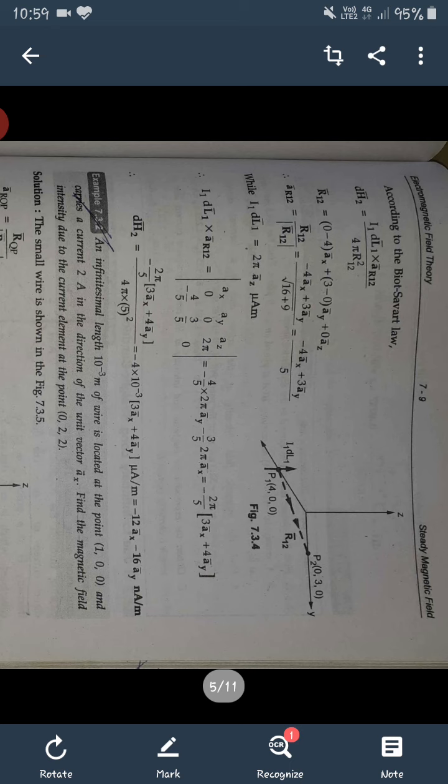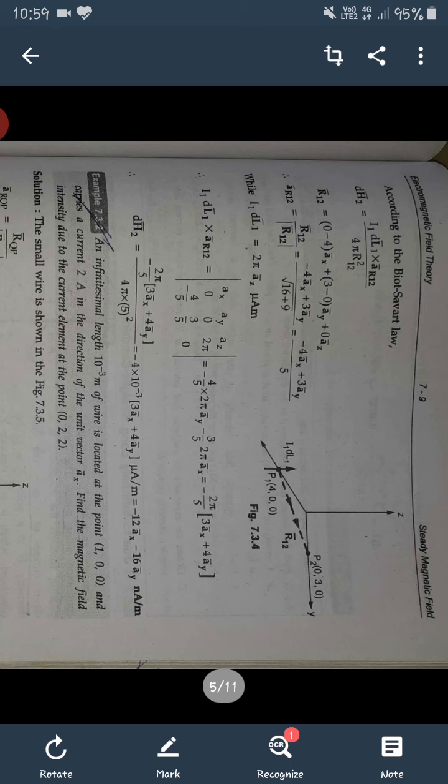Therefore we write 0, 0, 2 pi. And for aR12, as you can see above, it is minus 4ax plus 3ay by 5. You can write this as the ax component is minus 4 by 5 and the ay component is 3 by 5, and there is no az component.